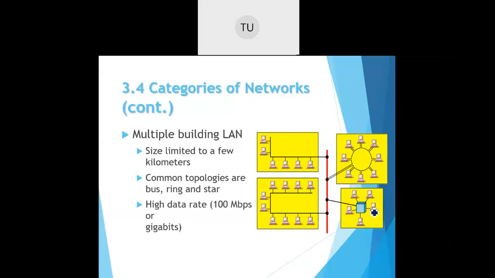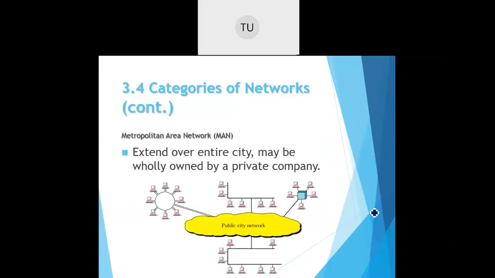So a LAN can be the group of PCs in your group, and it can be combined with the group of PCs in your friends' group, 5 plus 5 and so on. Then it becomes bigger and changes to MAN, or metropolitan area network.